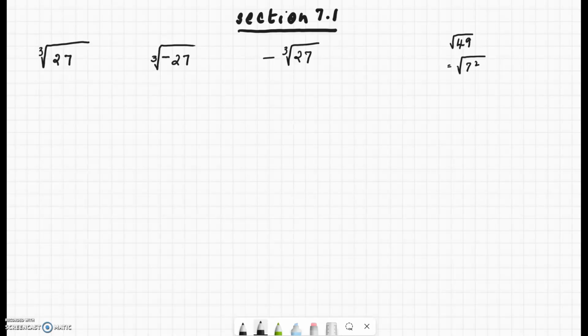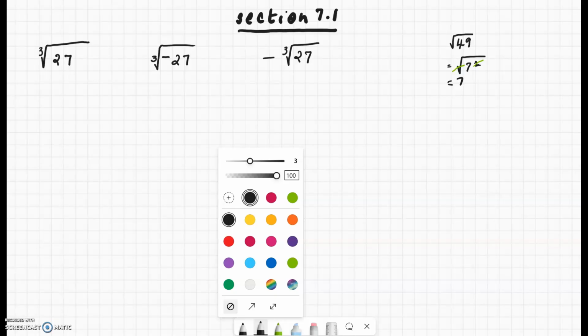Now in the previous example, we've seen that the square root of 7 squared is equal to 7. And you can think of it as the square root cancelling off the square and leaving a 7. Or I suggested another way of looking at it.